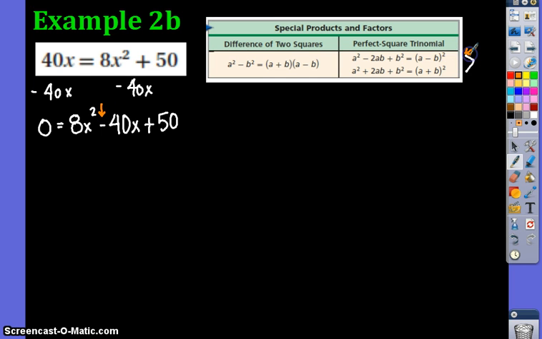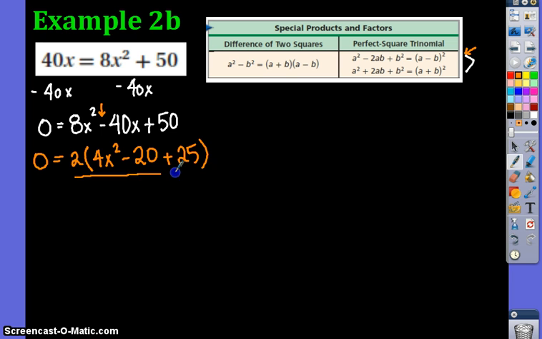All right, but before we can go there, let's do a little bit of making this easier. We should notice that they all would have a common factor of 2. So what we're going to do is factor a 2 out. So that would be 4x squared minus 20x plus 25, and that of course equals 0.